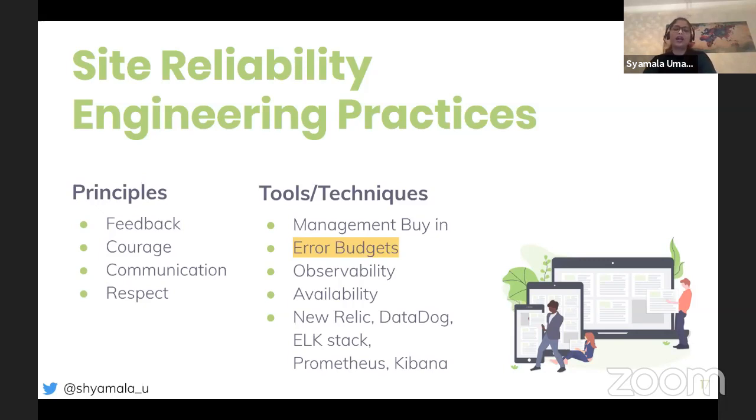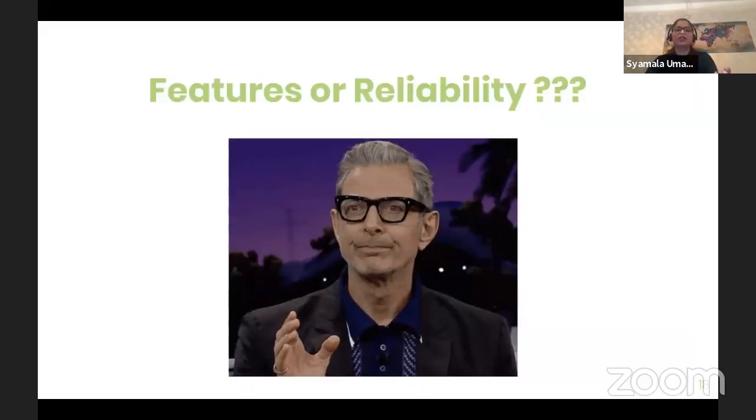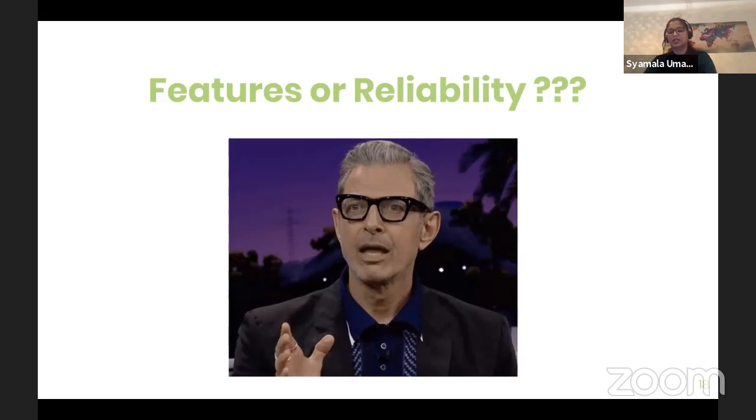But to achieve that level, we have to put in a lot of effort. Most of the time between the engineers and the operations, it's always: what do I concentrate on more? Do I develop feature after feature, or should I concentrate on reliability? This is where we use the term error budgets.